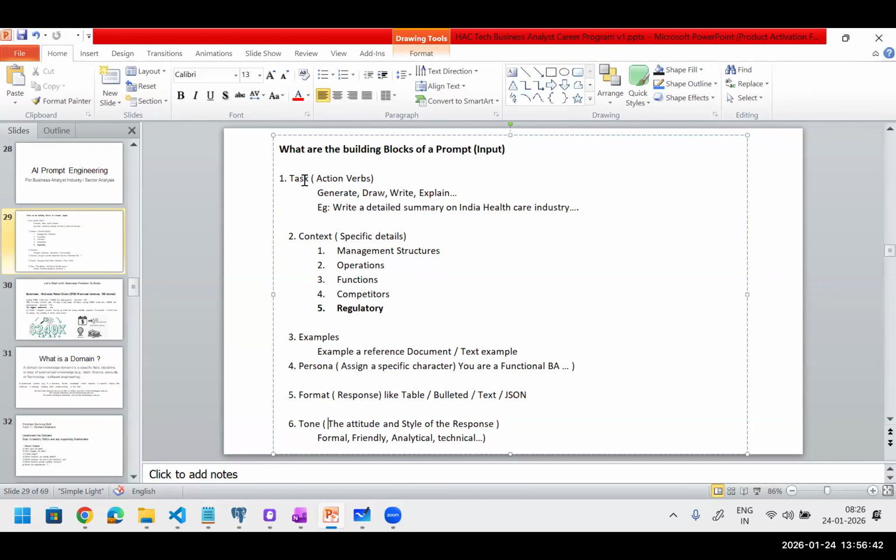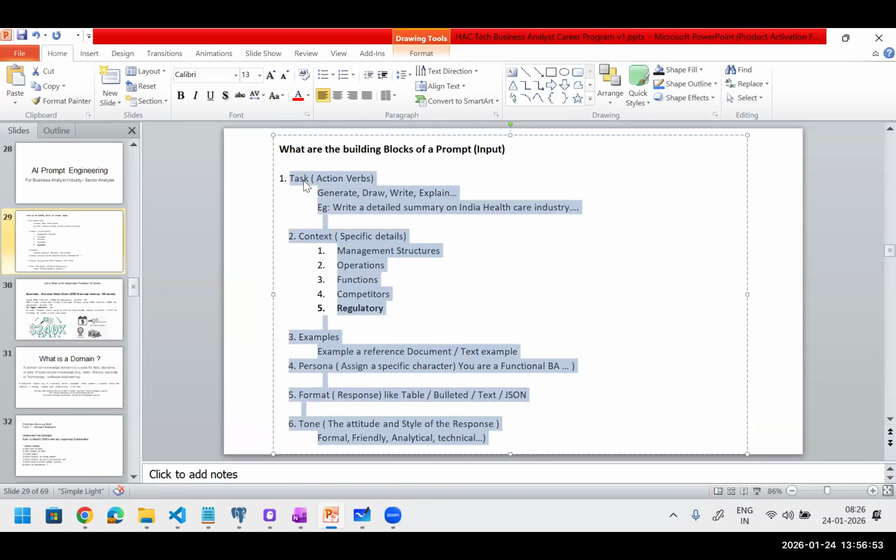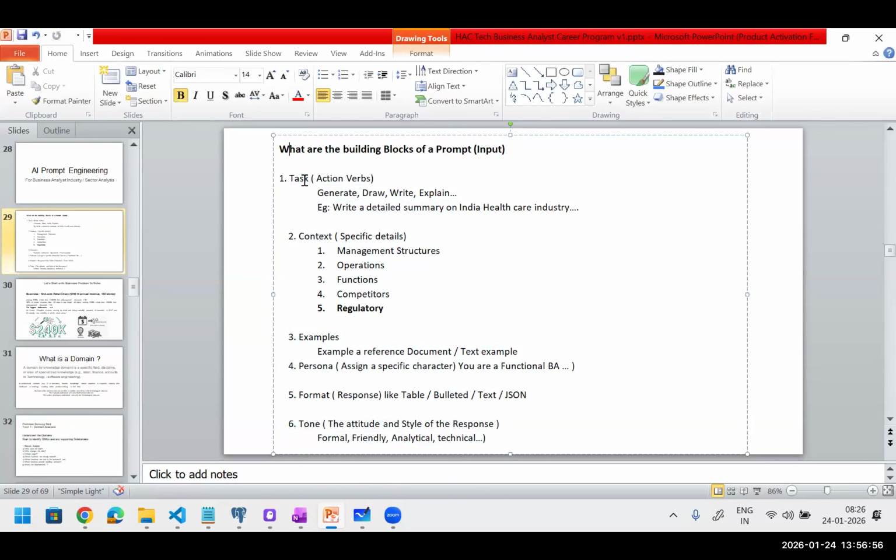So here the point is that prompt engineering means structuring the inputs in a proper way like this. Hey, this is the hard and fast rule we should follow to write prompts. Yes.